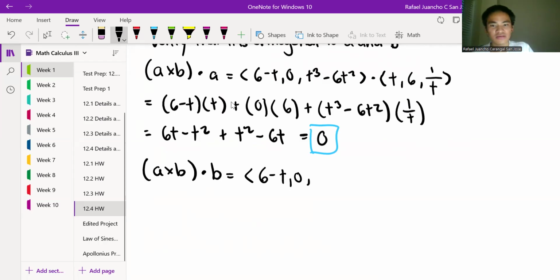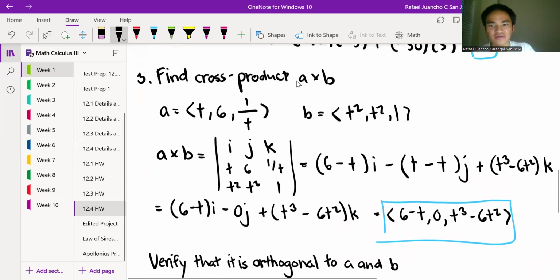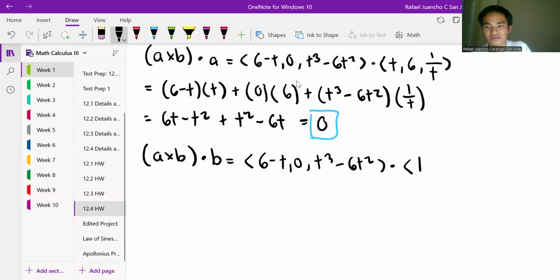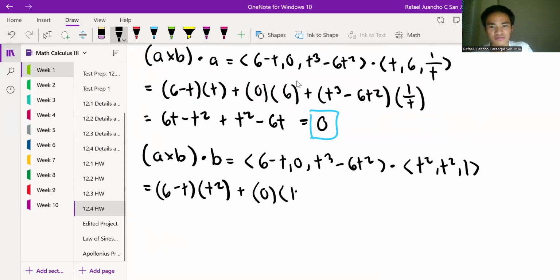Now let's try B. So we do the same thing. For B, we have t squared and 1. Okay, so we have 6 minus t multiplied by t squared. I like putting the parentheses, helps me organize. I'm going to add it to 0 times t squared. And then we have t cubed minus 6t squared times 1.